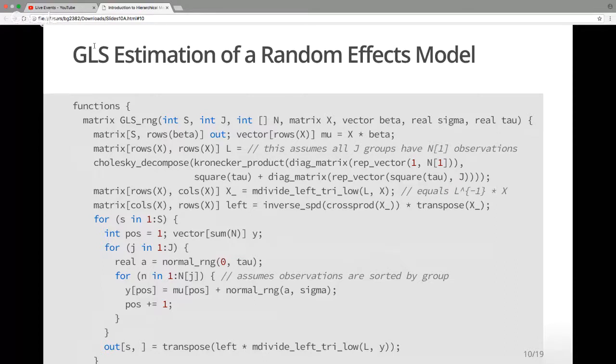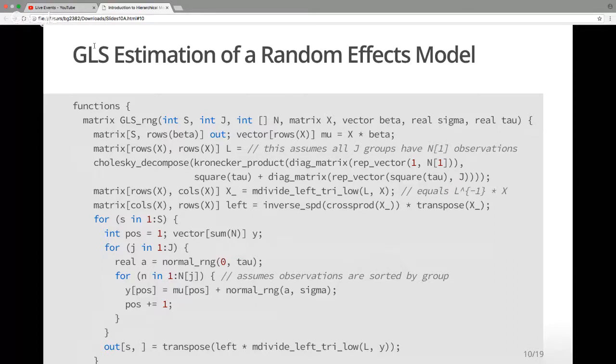And then we have an integer array, n, which tells us the number of observations there are in each group. So the length of n here is going to be equal to J. In general, you can have different numbers of observations per group. That makes the coding a little bit more difficult. So in this example, I'm assuming that all J groups are going to have the same number of observations in them.